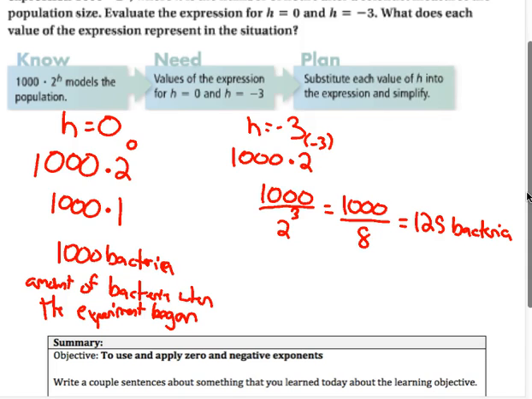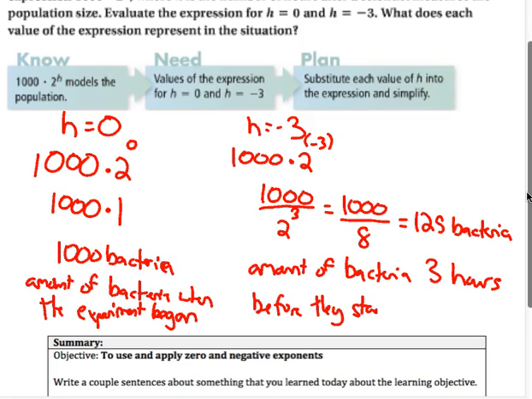If they started timing at 0, -3 would be the amount of bacteria 3 hours before they began measuring. So 0 is when they started measuring, and -3 is 3 hours before they started measuring.